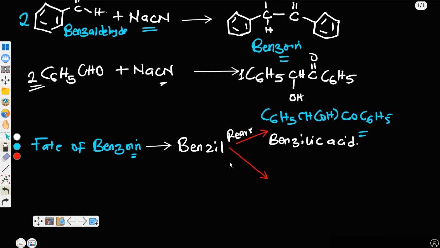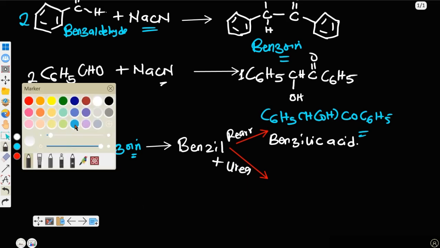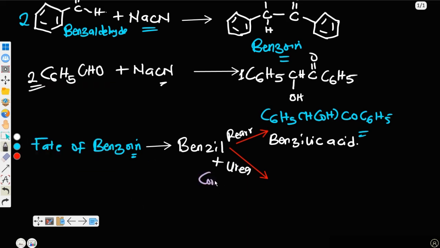Then, you can condense this benzyl with urea. Are you getting it? What kind of reaction? Condensation with urea is going to give a hydantoin derivative. Is that okay?